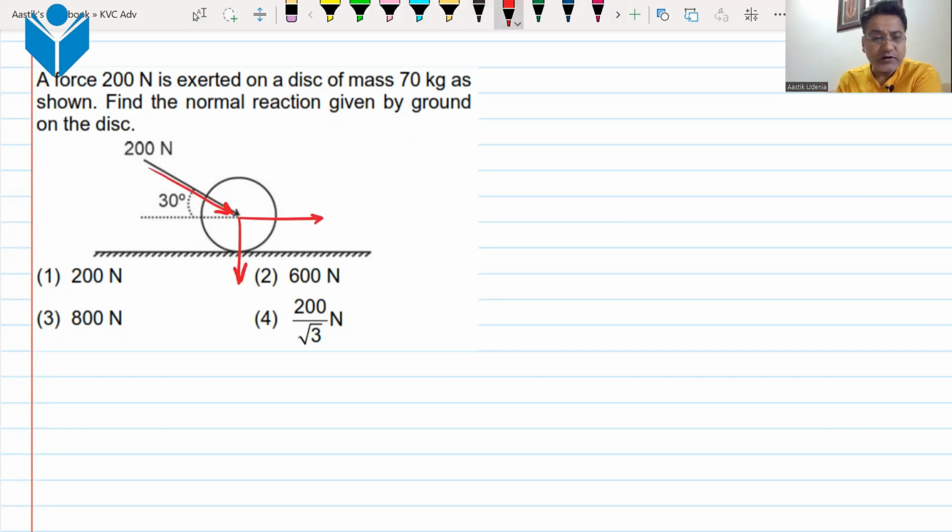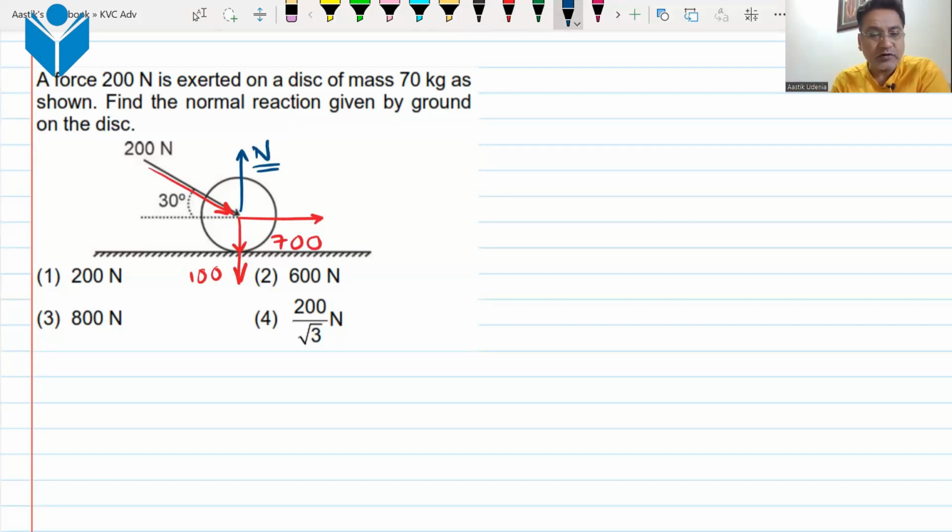How much would be the downward component? It will be 200 sine 30. So this would be 100 newtons is the downward component. The weight is 700 newtons. So it is 700 in the downward direction. The normal reaction is going to be upwards.